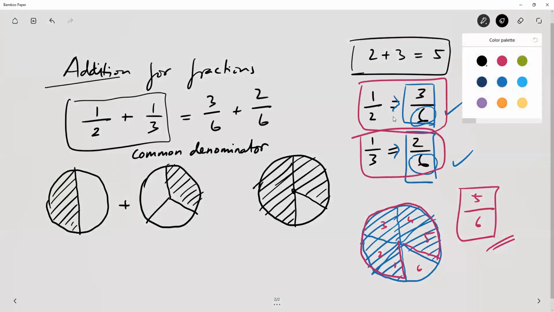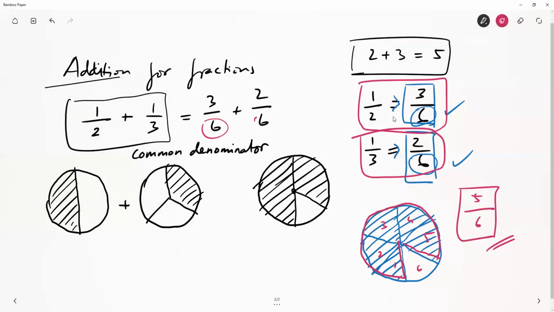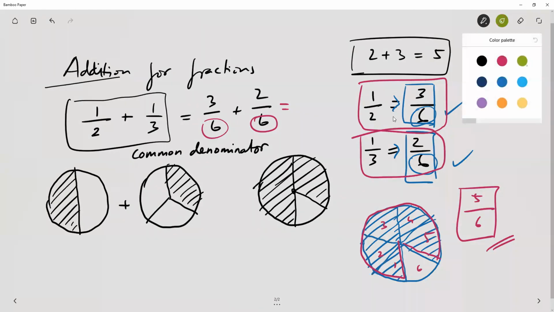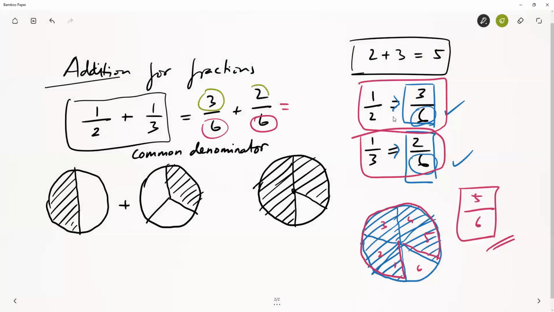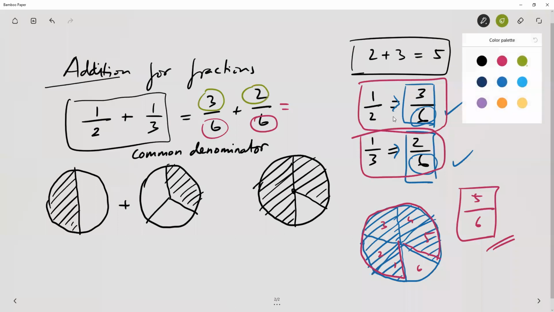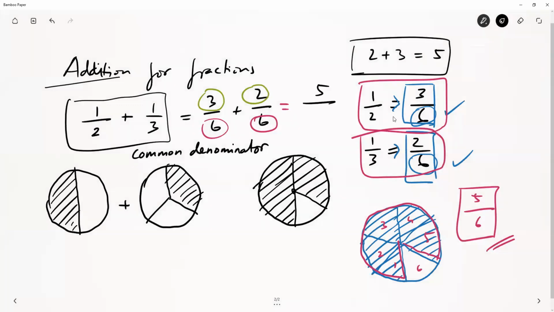So we see now that the denominators have to be the same. And once we have the common denominator, we simply add the numerators, in this case 3 plus 2, and that gives us 5, divided by the denominator, which in this case is 6.